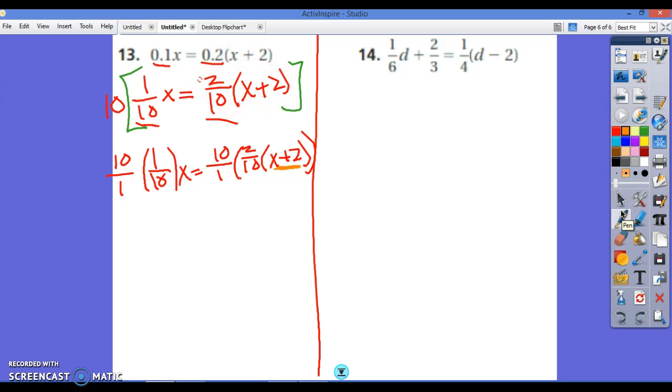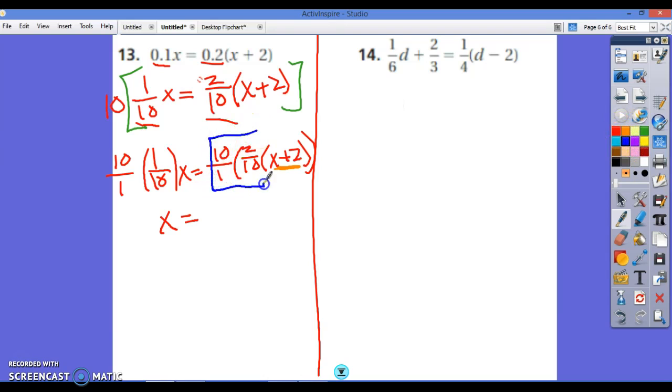So we have to do this first so that we can work with some easier numbers. Now, remember, when we're multiplying across, we just get 10 over 1 over 1 times 10, or simply 1x. I'm just going to rewrite it as x is equal to, here, I'm just doing this part only.